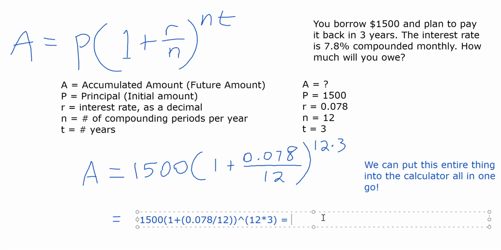So I'm going to do this computation. You guys probably already have it. Hopefully you are getting, and it is a dollar amount, $1,894, and we're going to round to the nearest cent, so 2 decimal places.